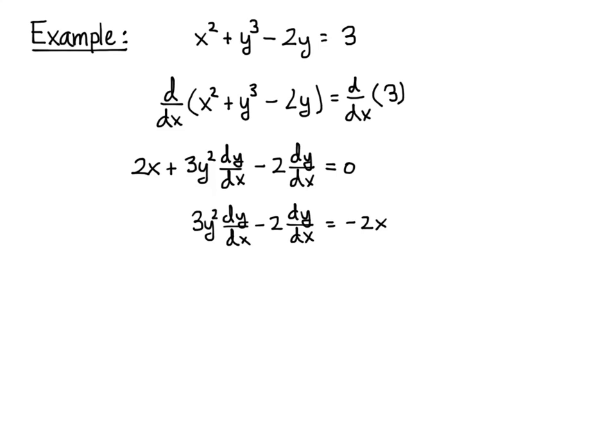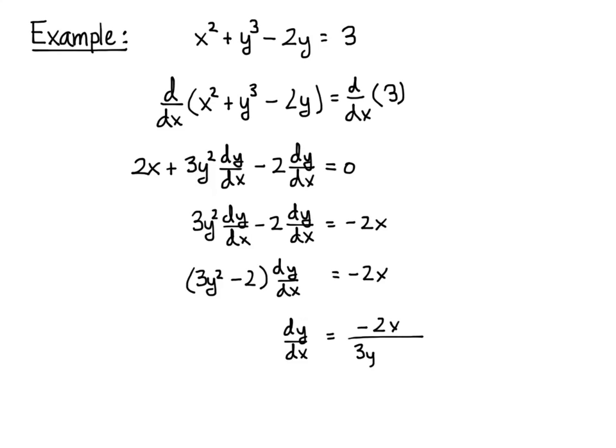And then the magic step here is that we're going to factor out dy/dx. And so we now have a factor times dy/dx, and if we divide both sides by that factor, we get what our derivative is. And so this will be a pretty common sight, that you have your derivative equals some expression, oftentimes a ratio involving x and y.